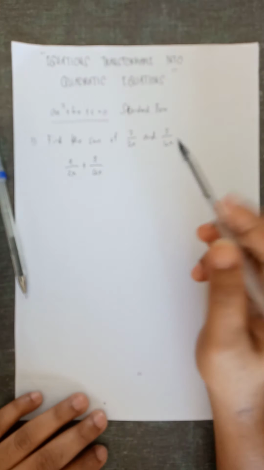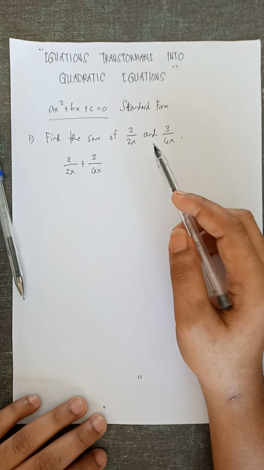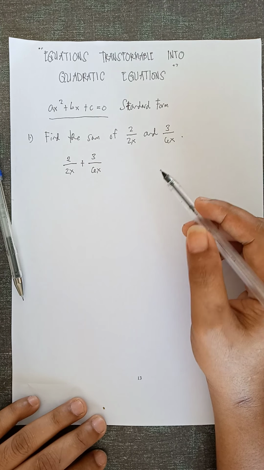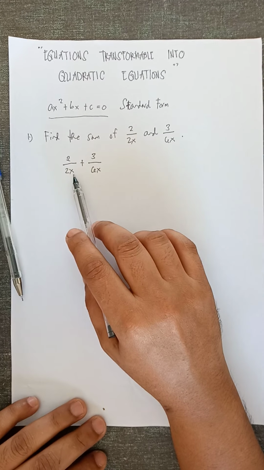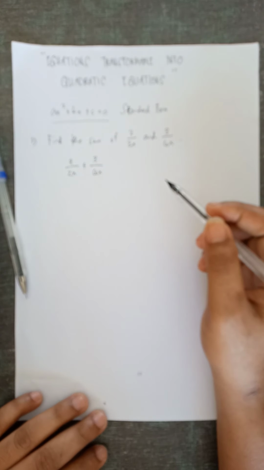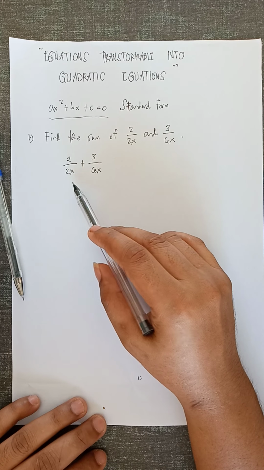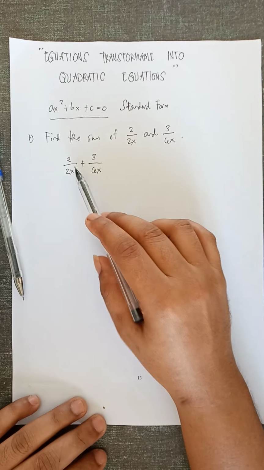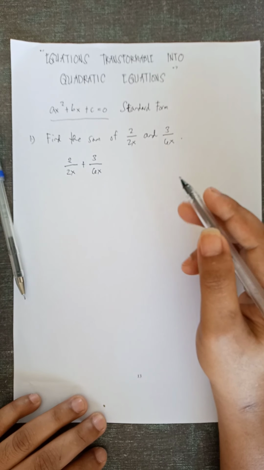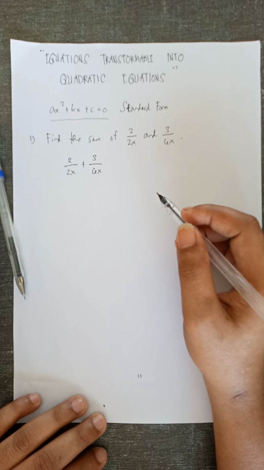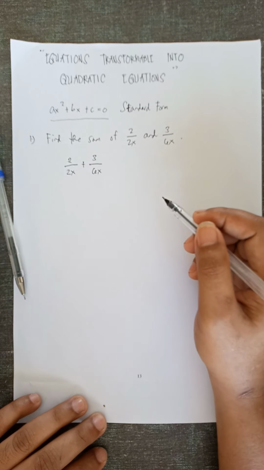So example number 1, find the sum of 2 over 2x and 3 over 6x. So rewrite this into the expression 2 over 2x plus 3 over 6x. As you can see, it is in fraction form, so there is a numerator and denominator, and you all know that in getting the sum or difference of fractions, we are going to find first the LCD.